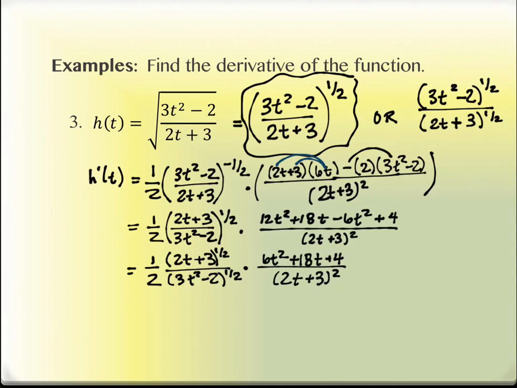All right. Now what? You see anything that we can simplify? There's two different things we can simplify. Okay, so everybody see what Hayden sees. They're the same factor, right? 2t plus 3. I've got a 1/2 factor on top, and I've got a squared factor on bottom. So they can combine.